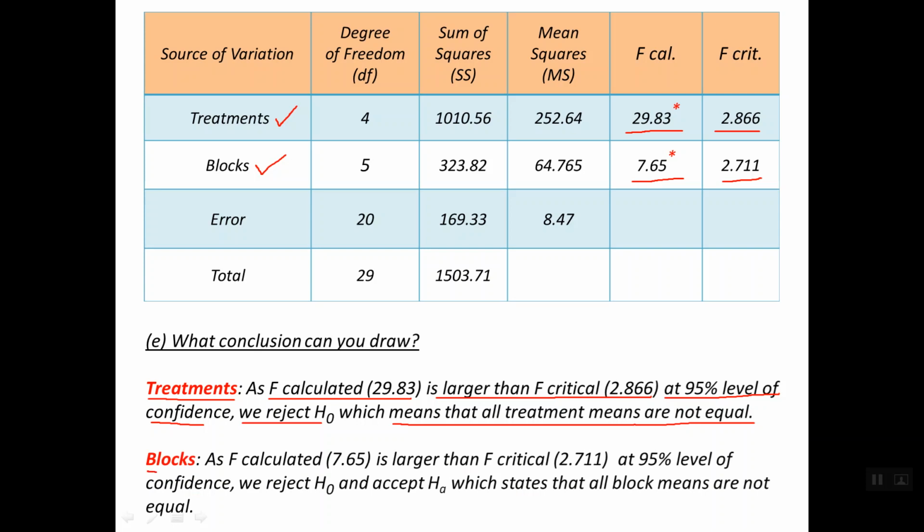Regarding the blocks, the F calculated for the blocks again is larger than the F critical at 95% level of confidence. So again, we have enough confidence to reject the null hypothesis and accept the alternative one. And the alternative hypothesis for the blocks states that the means for the blocks are not the same, or at least one of the means of the blocks is not equal to the others.